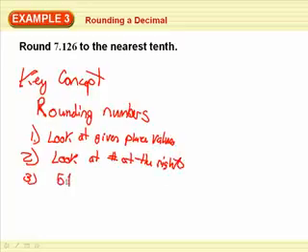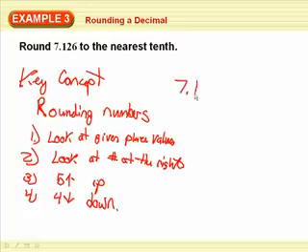If it's 5 or bigger, it goes up. If it is 4 or smaller, it goes down. So let's look at that key concept when we're doing this one.